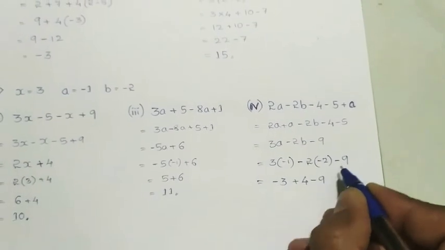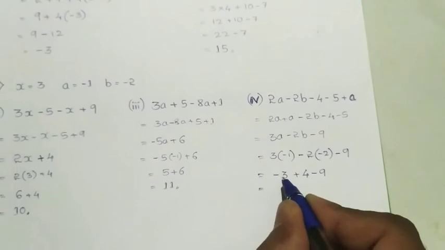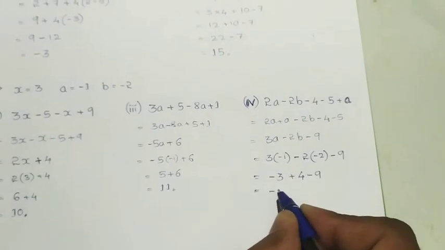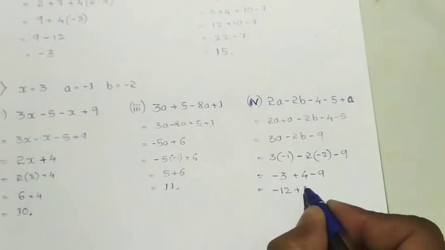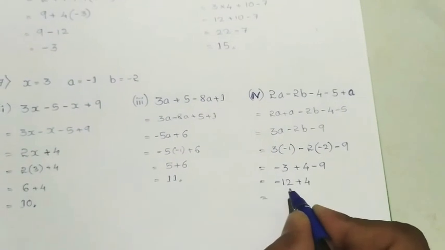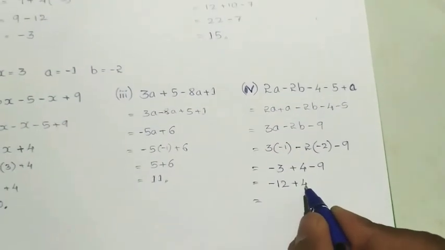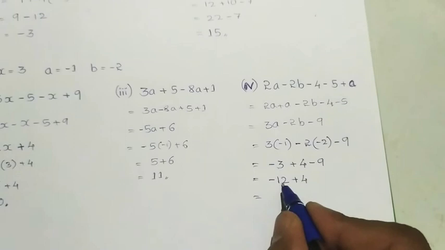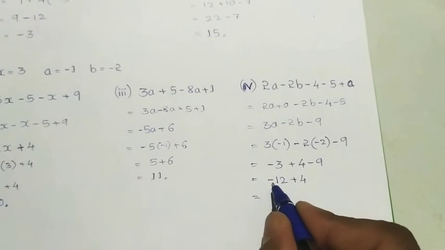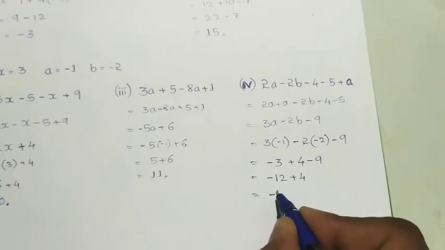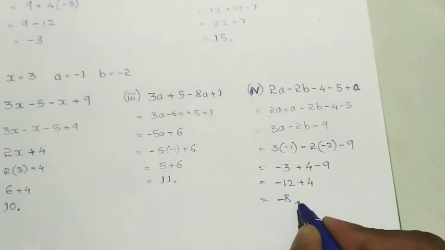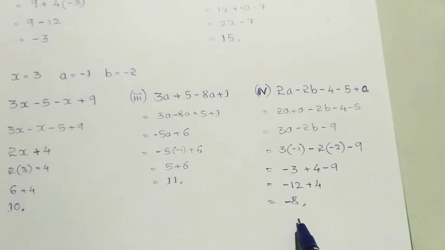Again finally minus 9 here. So minus 3 minus 9 will be minus 12 plus 4. See, opposite signs are there. 12 minus 4 is 8, so the greater sign will be minus. So our answer will be minus 8. So this is our final answer.